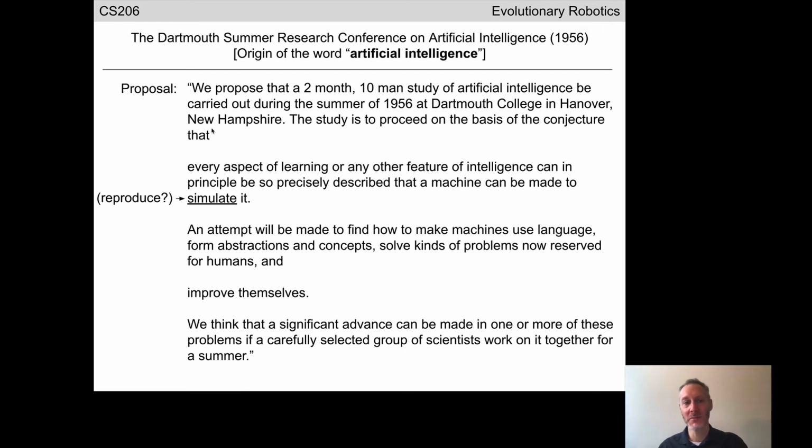So after the summer of 1956, they wrote another proposal to the government saying, well, maybe we need another year, maybe 2 years, 5 years. 65 years later, more than 65 years later, however long we are now, we've still made relatively little progress on these various aspects of intelligence, with the possible exception of the last few years.